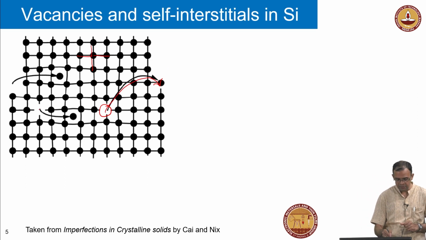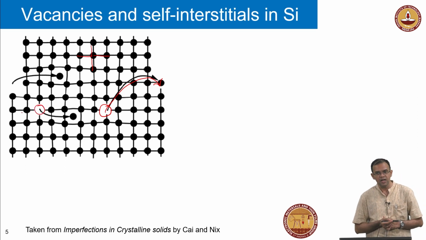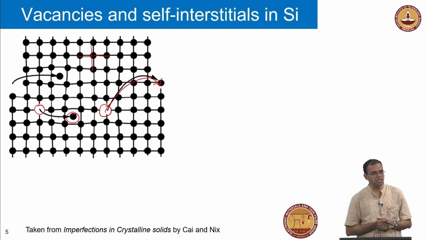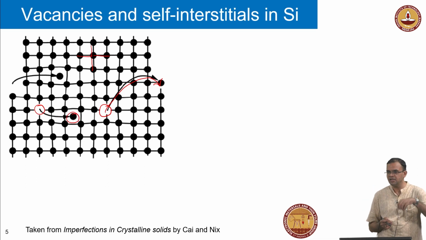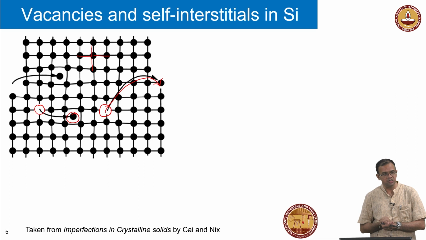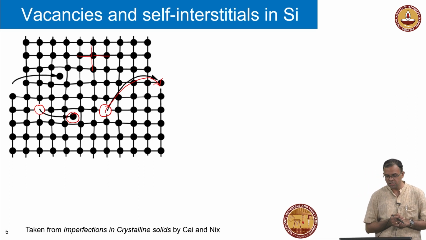We have an example where again a vacancy is created, but the extra atom, instead of going to the surface, goes into an interstitial position. So it is still within the bulk of the crystal, but it is in an interstitial position. So that's why we say we have vacancies and self interstitials in silicon.